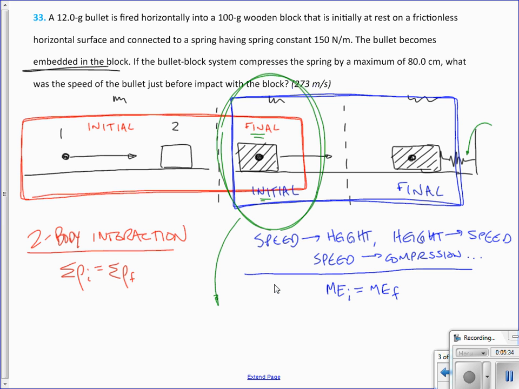So what we have to say is that the final from the red part becomes the initial for the blue part. That's a hard part.